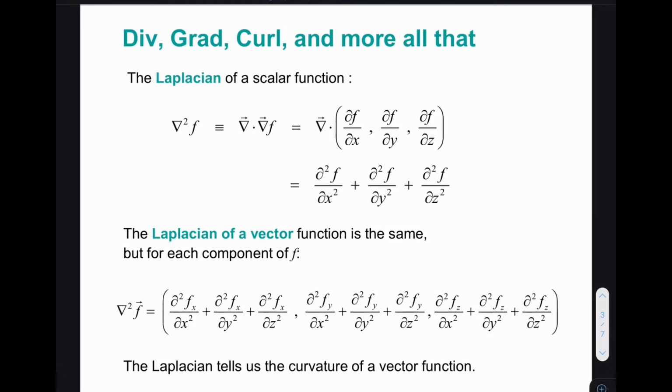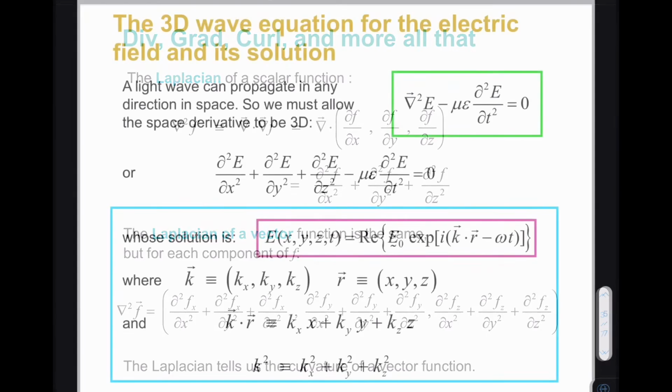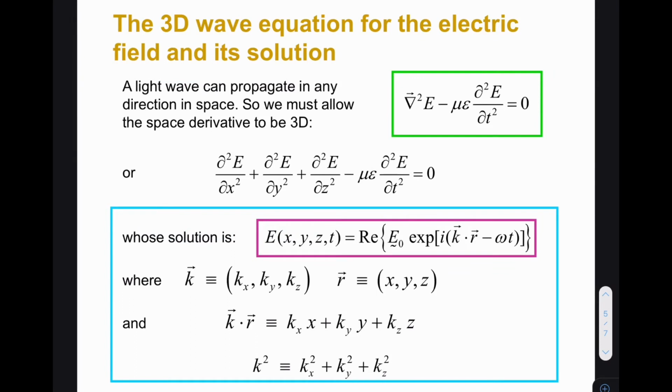Well, it tells us about the curvature of the vector function. Now, we know that light wave can propagate in any direction in space, which is three-dimensional in nature. So for that, we need a three-dimensional wave equation.